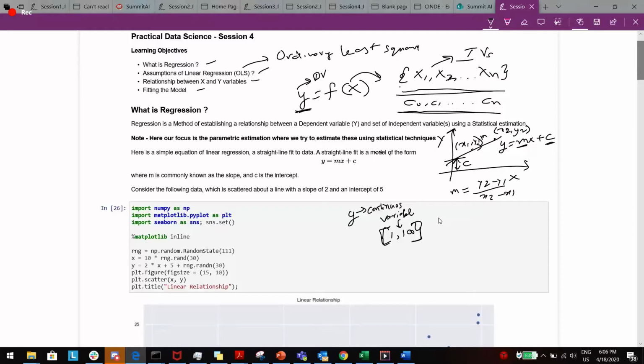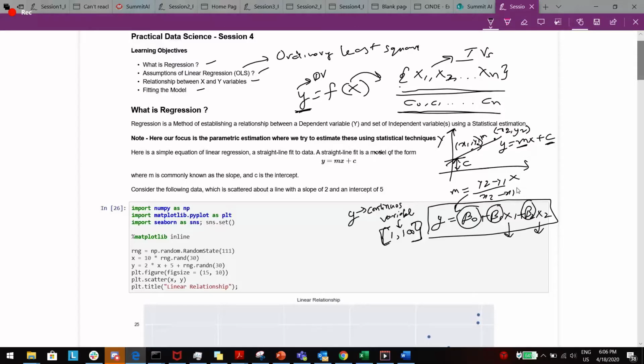Now if I extend this learning to this problem, say y is equal to beta naught plus beta 1 x1 plus beta 2 x2. So this is my equation for a linear regression where I have two independent variables, one is x1 and the other is x2. These are my coefficients which we need to estimate, and beta naught can be treated as an intercept as well.